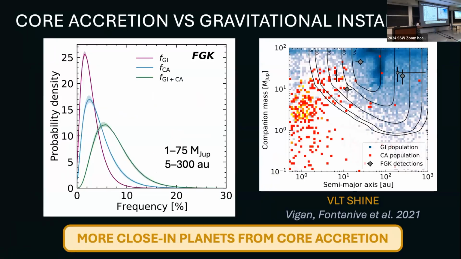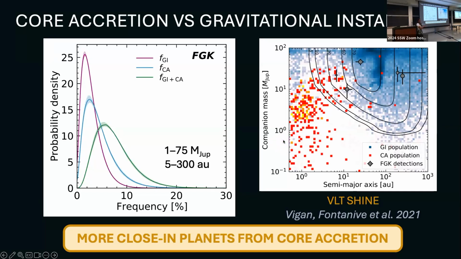So what we do then is that we try to fit all these observations, so our detections and our completeness of the survey, to an overlapping population of gravitational instability and core accretion. And our results essentially point to the idea that we're starting to find more planets as we're reaching tighter separations.